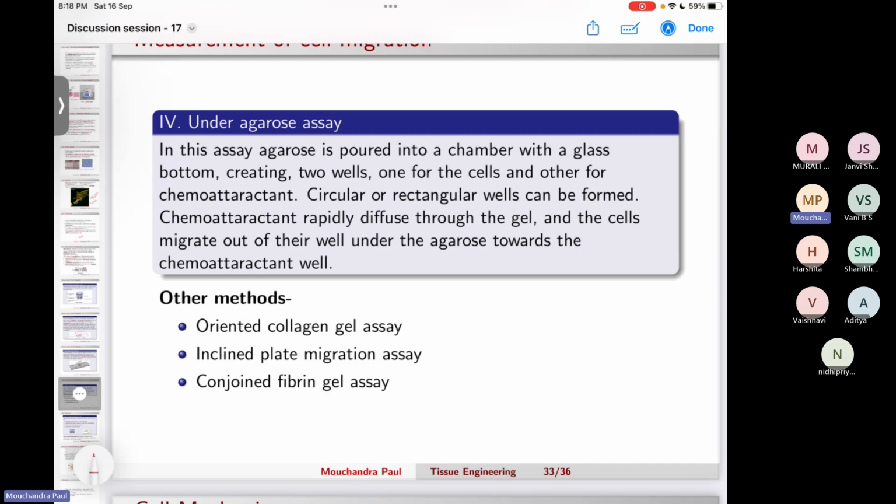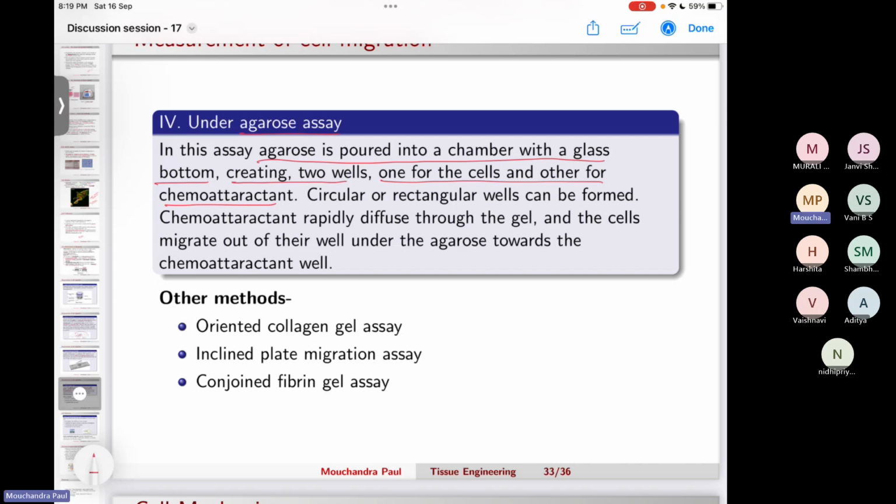Next, another technique is called the agarose assay. Here agarose is poured into a chamber with a glass bottom, creating two wells, one for the cells, another for the chemoattractant. In one well the cells are there, and in the other the chemoattractant.